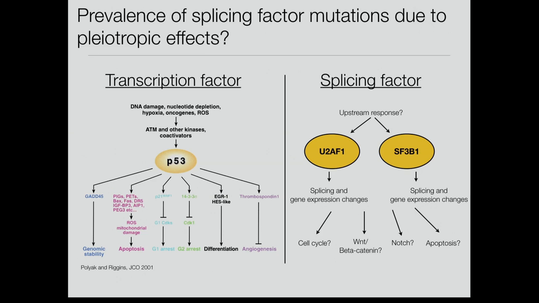There are different sets of splicing and gene expression changes. Sometimes you do see common pathways that are affected, but uncommonly you see the same exact gene affected by these mutations. So it's still a mystery why these are being recurrently altered. But by looking at these global changes in the RNA-seq data, we are gaining more information as to what their effects are.